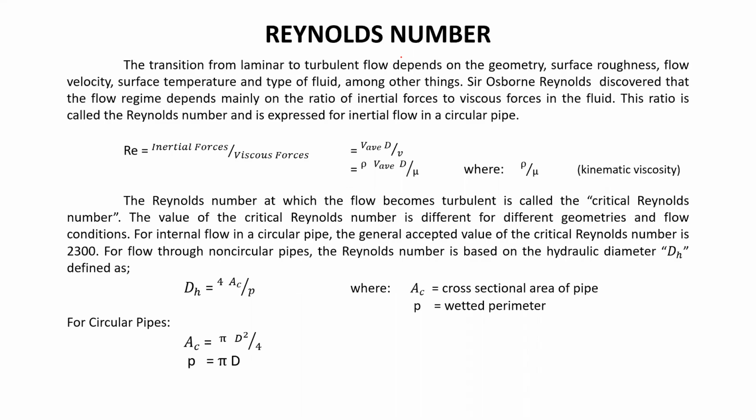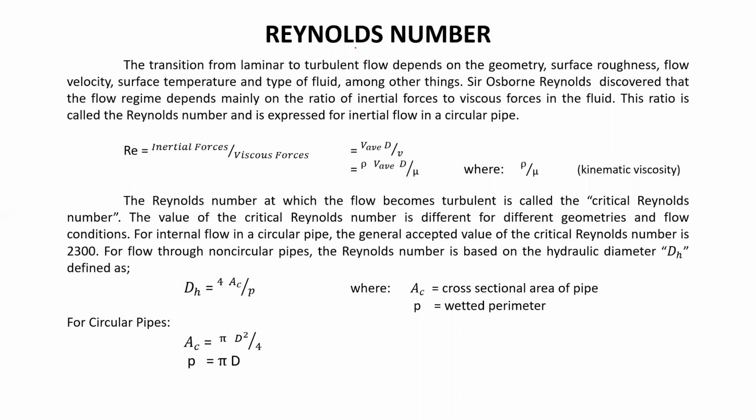So we have here the Reynolds number. The transition from laminar to turbulent flow depends on the geometry, surface roughness, flow velocity, surface temperature, and type of fluid, among other things. Sir Osborne Reynolds discovered that the flow regime depends mainly on the ratio of inertial forces to viscous forces in the fluid.